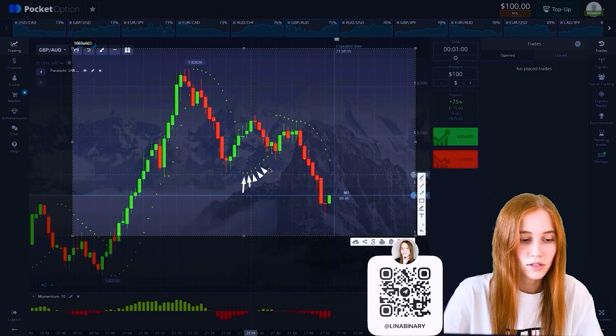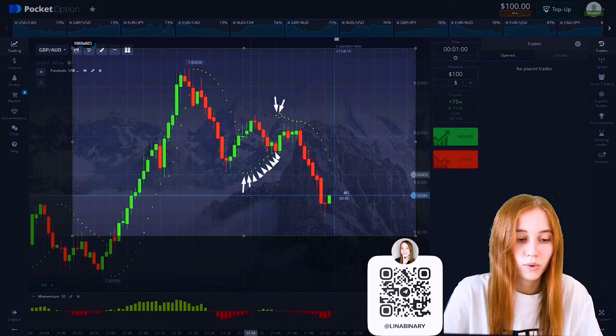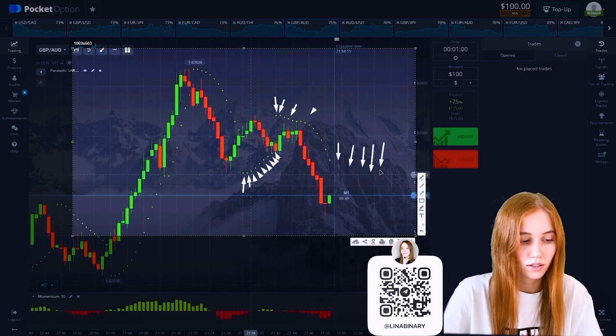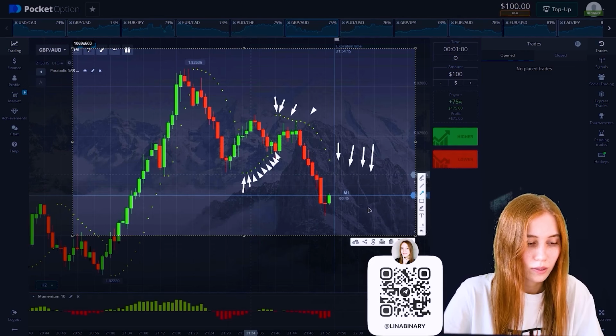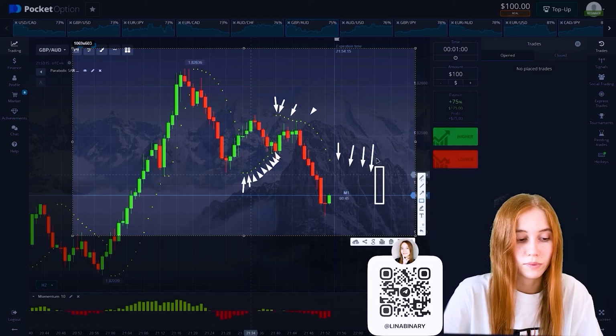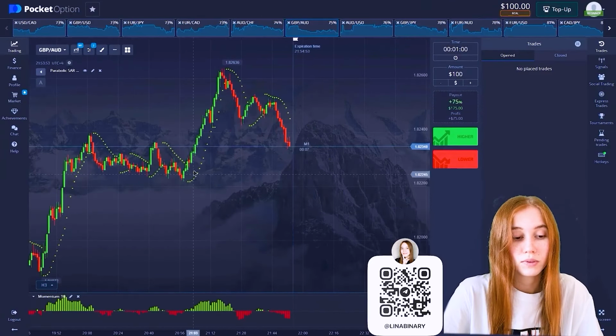You have 1, 2, 3, 4, 5, 6, 7, 8, and here there should have been 9, but since the chart went down, the 9th point was intersected, and after that the dots began to form above. Perhaps a dot should appear here, but it might not appear because the chart will grow to such a value. So that's, in simple terms, how it works.